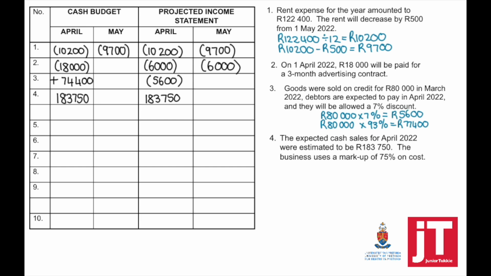But now we need to calculate the cost of sales. Cost of sales is an expense, but it's not a cash item, so it will only appear in my projected income statement. The markup percentage is 75%, which means I'm going to take the cash sales figure times 100 divided by 175. And that is my cost of sales in brackets for April, 105,000.